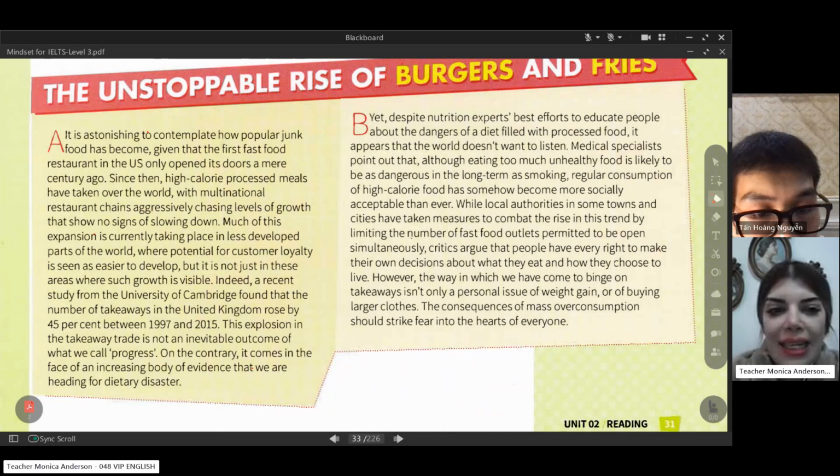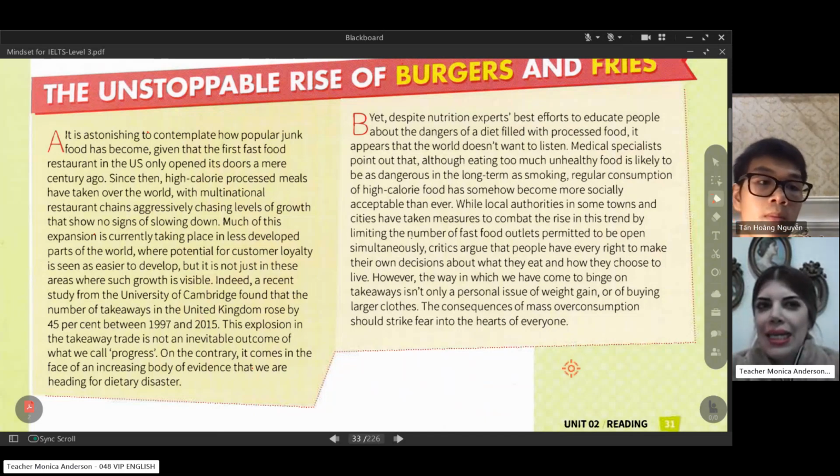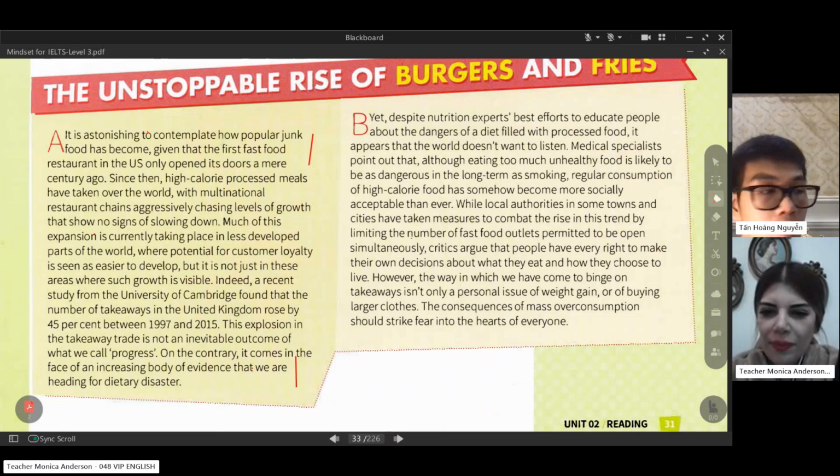Just let me say something. For matching headings, as I told you, it's better to read the first and the end of the paragraph so you can normally find the answers.